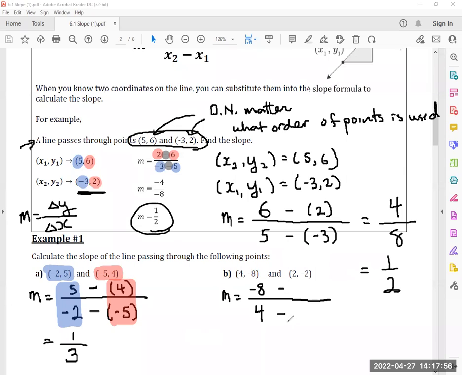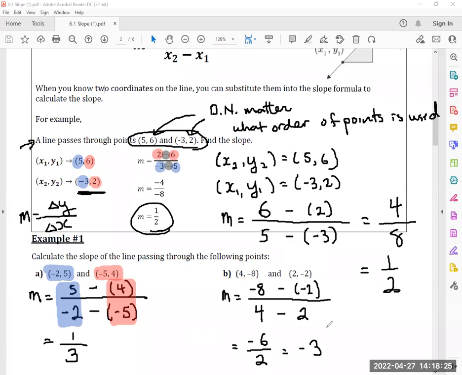Minus, minus 2, negative 2. X is on the bottom, Y is on the top. I'll give you 5 seconds. Two is on the bottom, and negative 2 is on the top. Solve that, it becomes negative 8 plus a 2, 4 minus 2. My slope is negative 3.